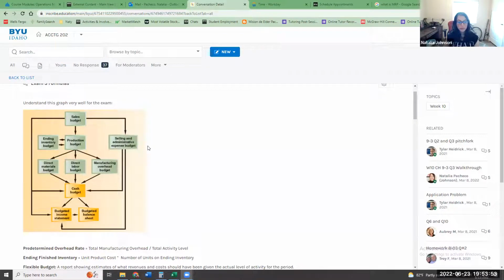Especially if there are going to be questions like what budget directly affects the direct labor budget. So you know that it's the production budget. And if they ask you for a direct materials budget, but they only give you the sales budget, you can remember this diagram, and then you will know that, oh, I have to do a production budget and then do the direct materials budget.